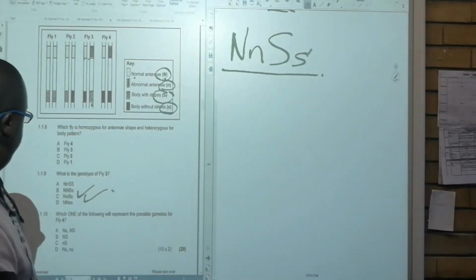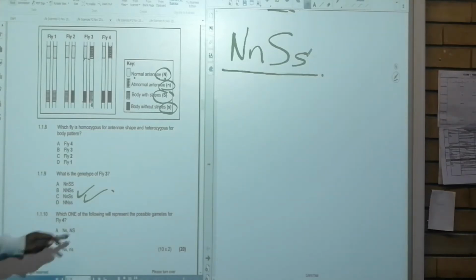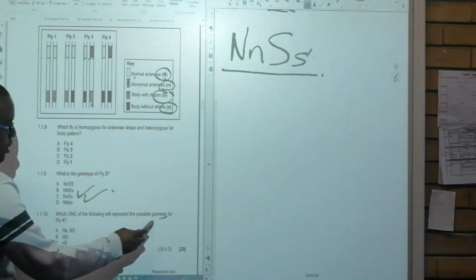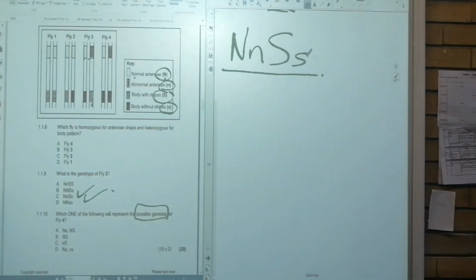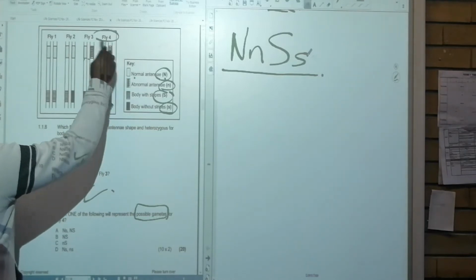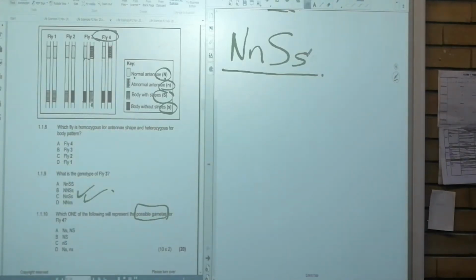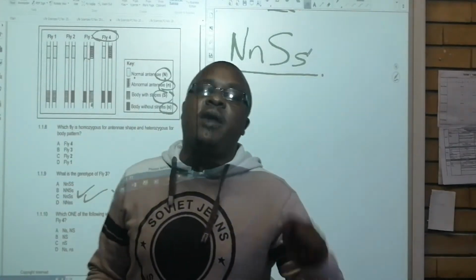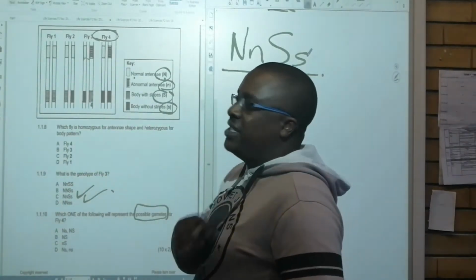Let's continue. Which one of the following will represent the possible gamete for fly 4? What are we looking for? The possible gamete, for which fly? Fly 4. We can't know the possible gametes for fly 4 until we generate what? The genotype.